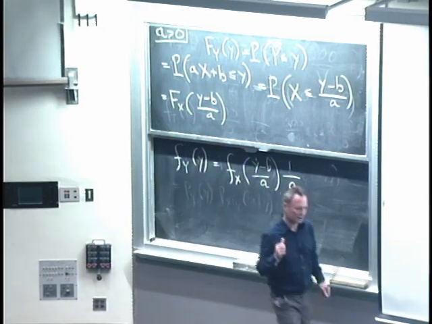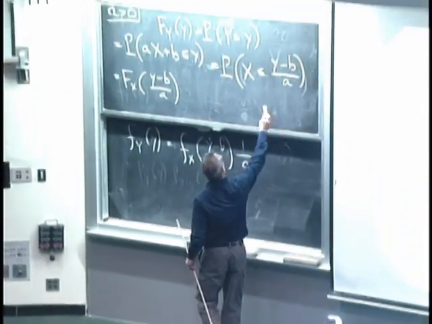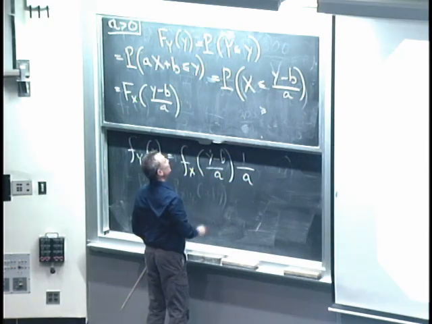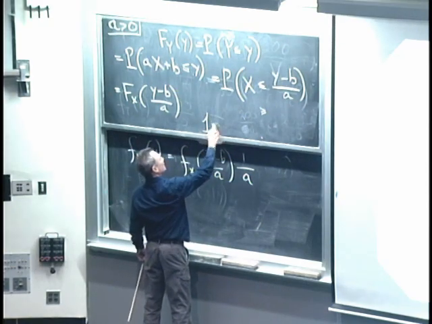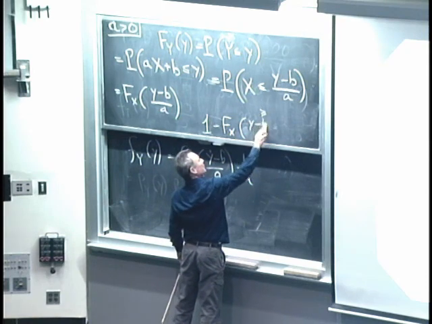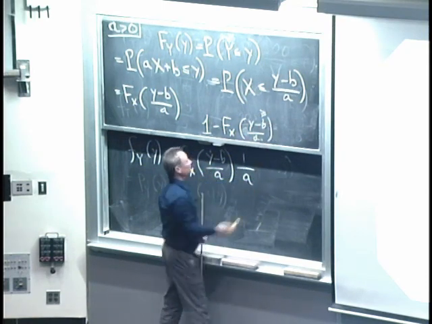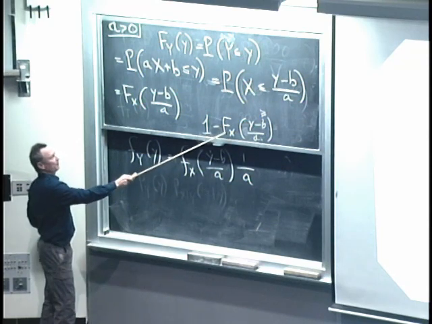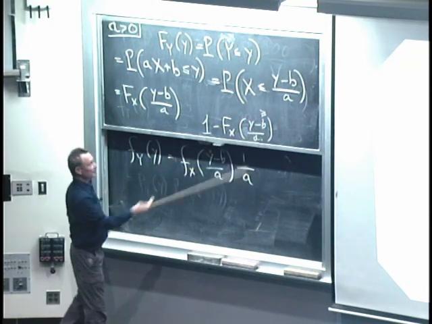And in that case, the expression that I have up there would change. When this is larger than, instead of getting the cumulative, I would get 1 minus the cumulative at y minus b over a. So this is the probability that x is bigger than this particular number.